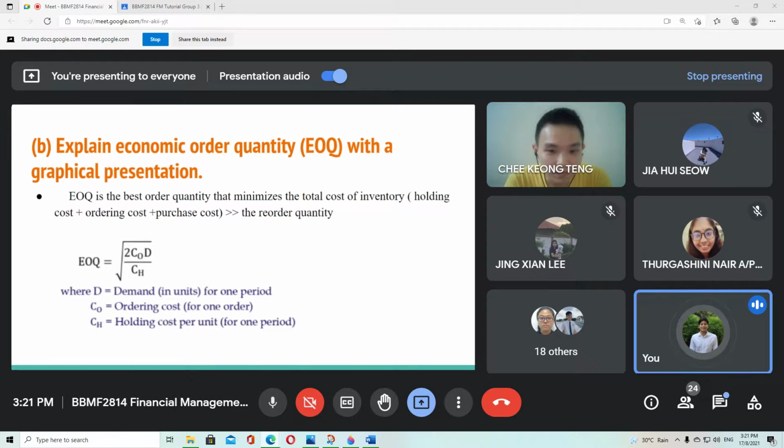So the formula is the EOQ equals the square root of 2 times CO, which is the ordering cost, times D, which is the demand in units for one period, divided by the holding cost per unit.